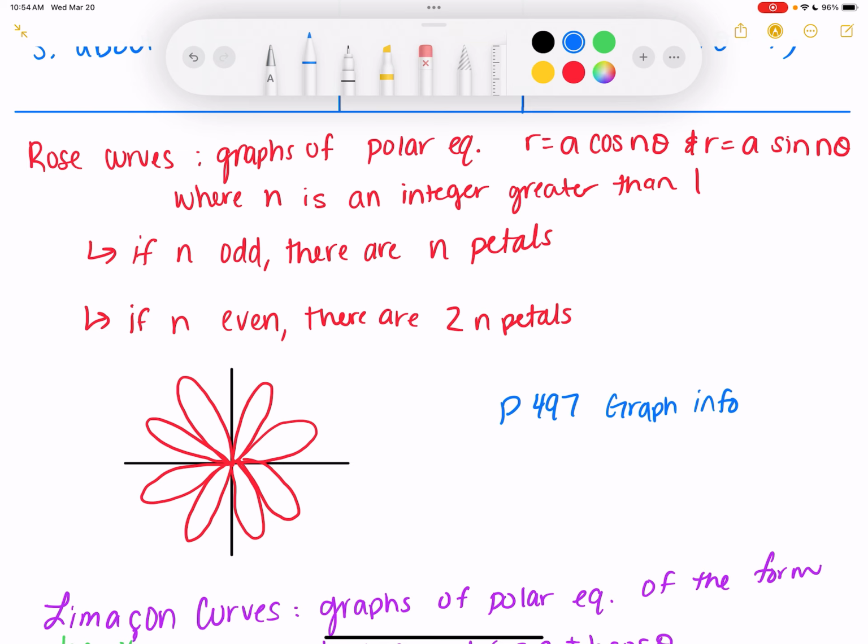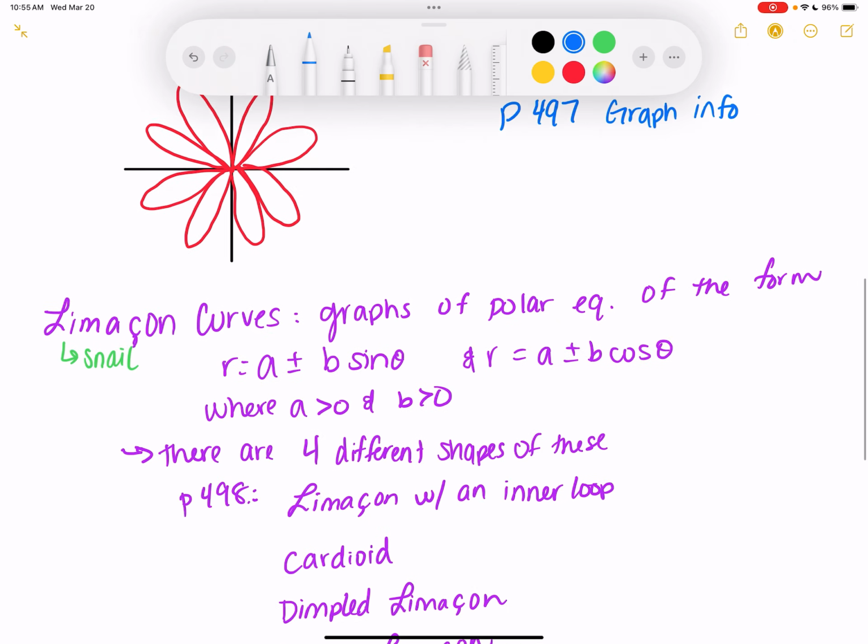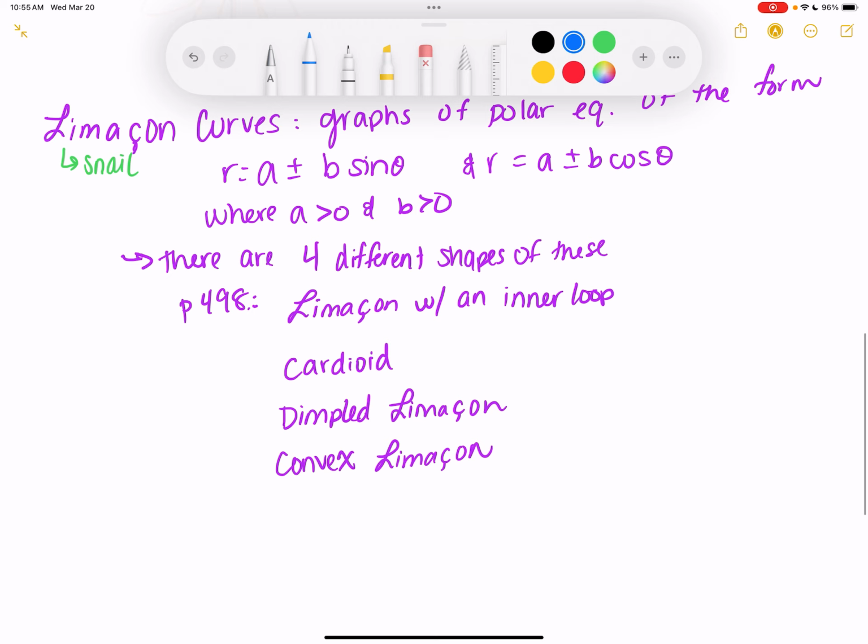And it talks about how if n is odd and it gives you other information, then how you know it's symmetric about each thing. And then for this type, the graph information is on page 498.